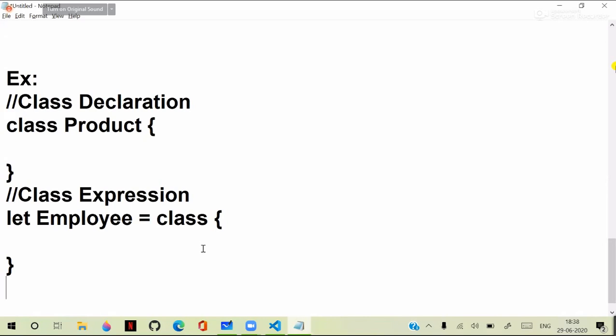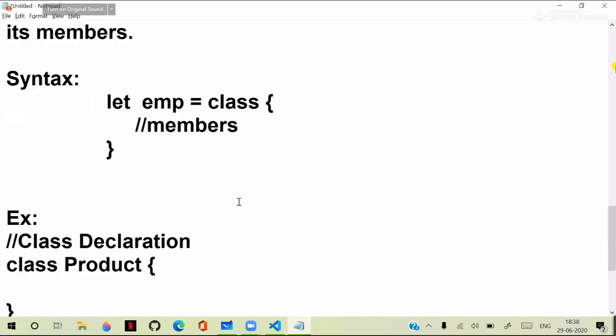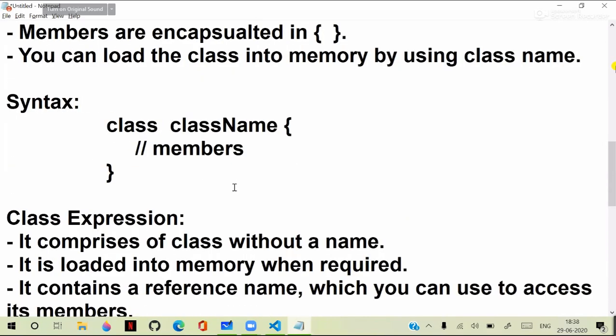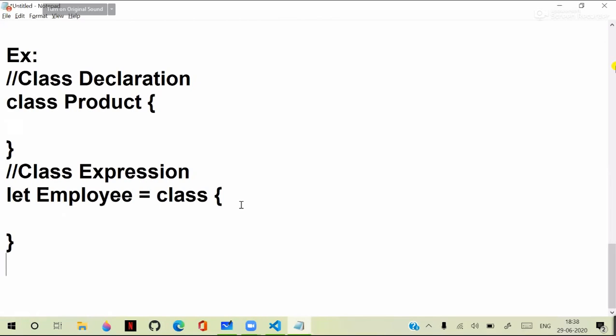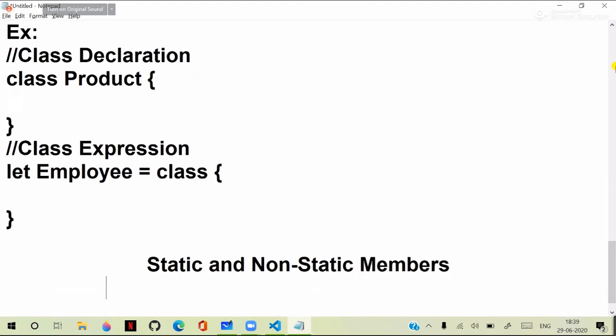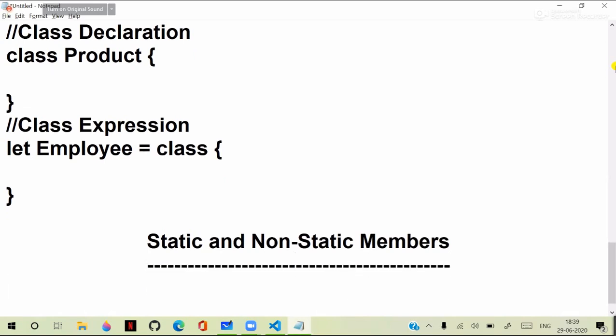Actually, while working with classes, before going into the members, one more important thing we have to know is the types of members, static and non-static. Because you are learning about the class, you need to know many things about it.